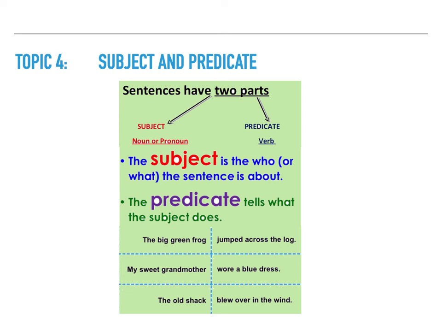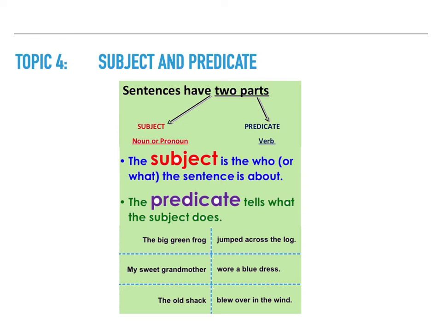For example, the big green frog jumped across the log. Your subject is the big green frog. Till here, this is your subject, and jumped across the log is your predicate, and it starts with the verb here, jumped. This whole portion is your predicate. My sweet grandmother wore a blue dress.